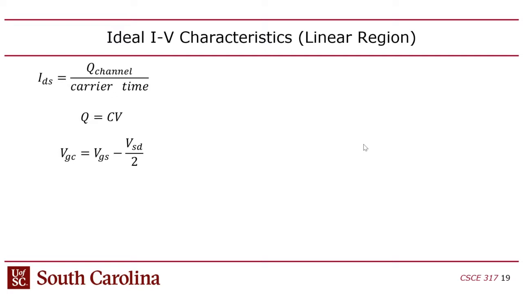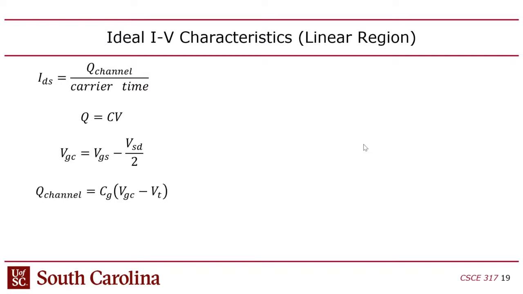The voltage of the channel, which is what you want, gate versus channel, is equivalent to the gate versus the source minus the source versus the drain divided by 2. You arrive at this just by rewriting the math, or rewriting the expression to calculate the average channel voltage between the source and drain.